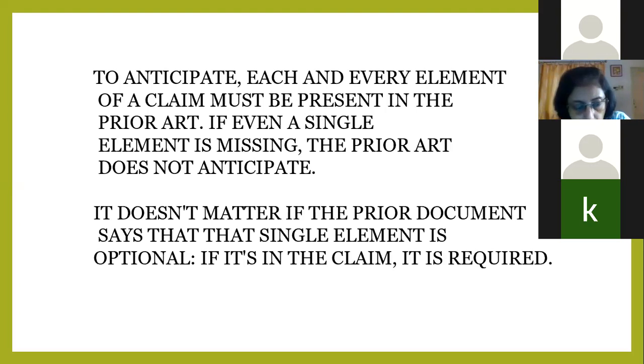Now the example which I was just saying: A, B, C, D is there in the prior art, and you have made the stapler with A, B, C, D, E, where the E factor is not there in the prior art, or its prior art already referred to and incorporated in this. So then your invention is not anticipated.